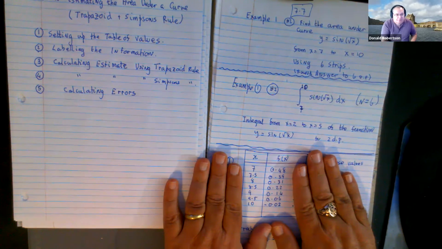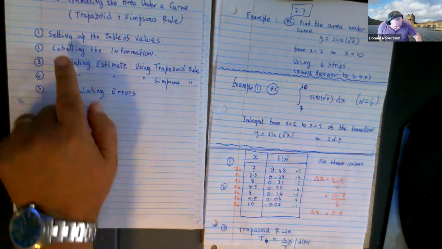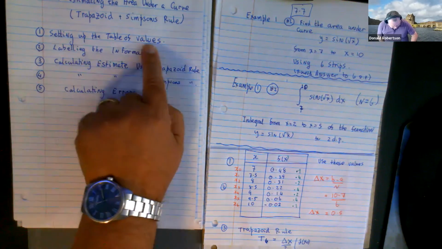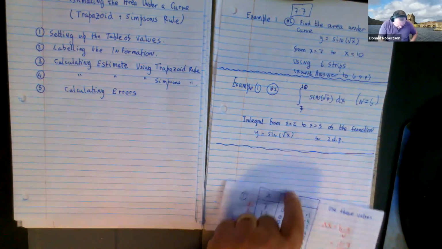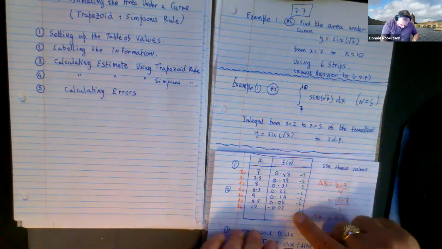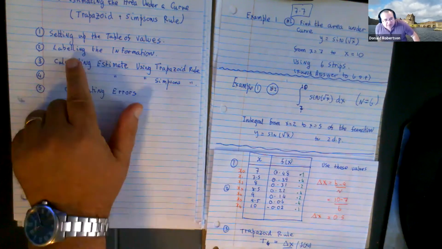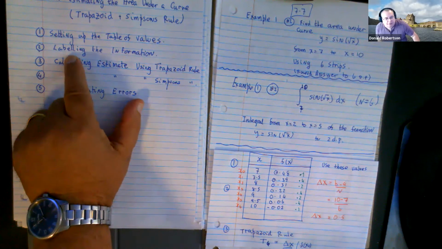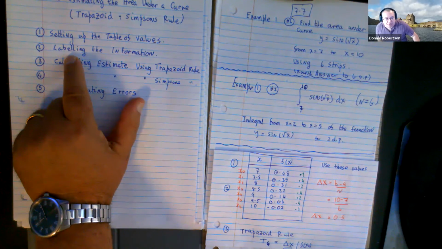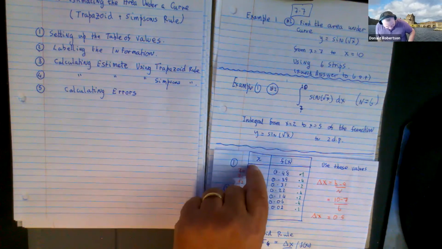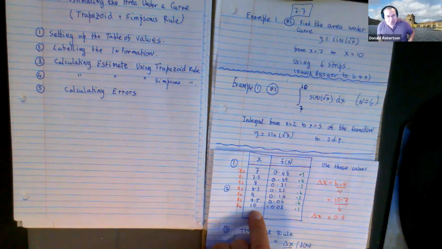So I have just completed step 1, setting up the table of values. Now, don't worry about the green and the red, they're coming later. That's this bit there. Step 2, we don't need to do this normally, but we do when you do the trapezoid and Simpson's rule. Do you see these X values at the side? We'll label them.